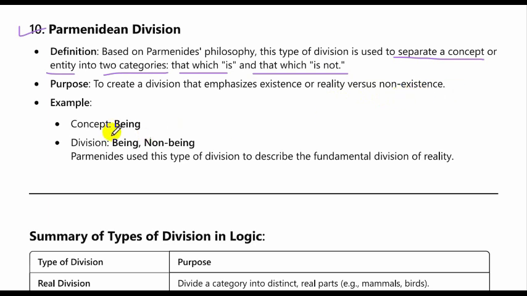The purpose is to create a division that emphasizes existence or reality versus non-existence. Example: being and non-being. Parmenides used this type of division to describe the fundamental division of reality.